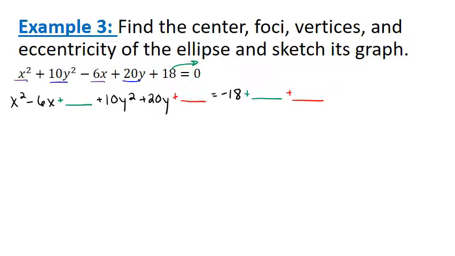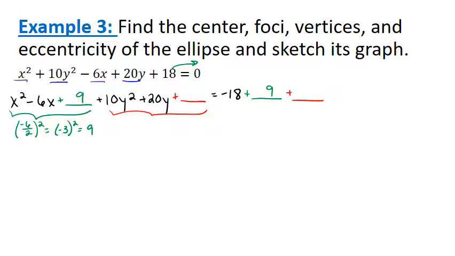Now I'm going to complete the square on these two pieces separately. Completing the square over here, I take negative 6 divided by 2 squared. This gives me negative 3 squared, which is 9. So my special number here is 9, and 9 over here as well.